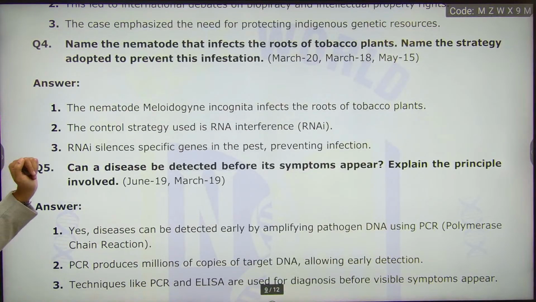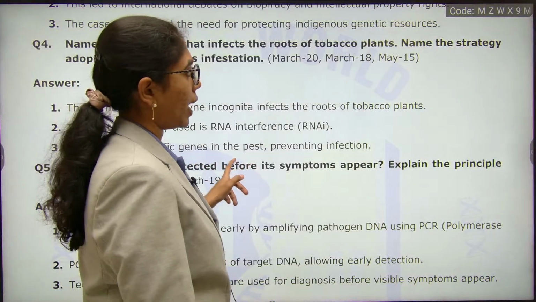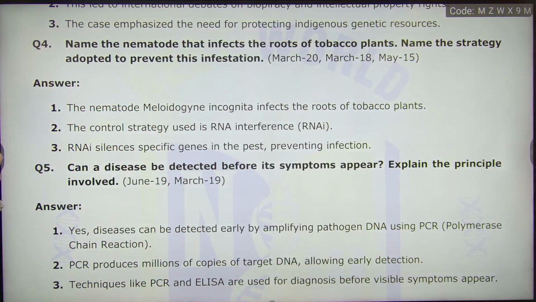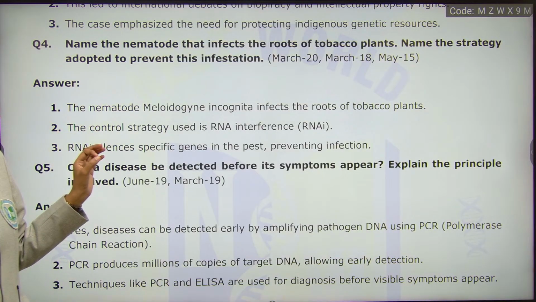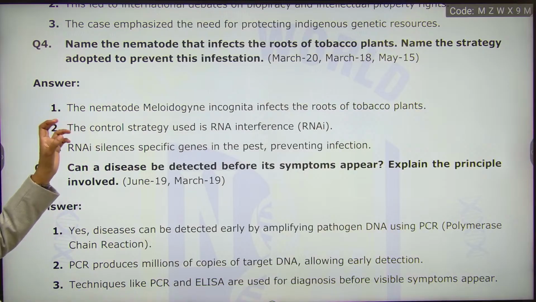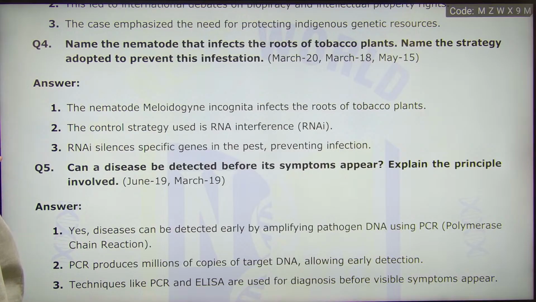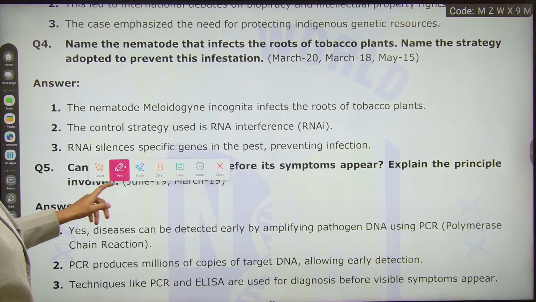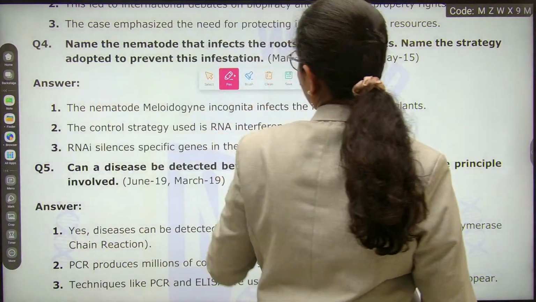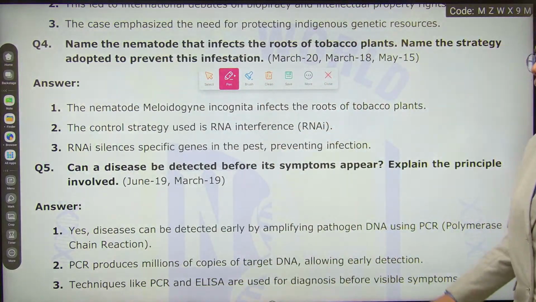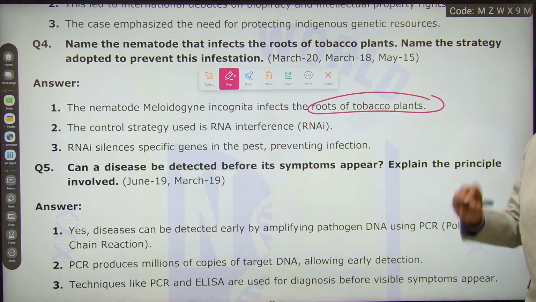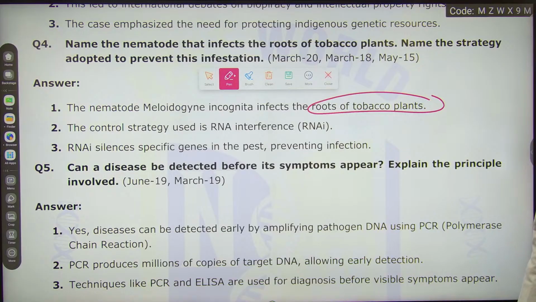Name the nematode that infects roots of tobacco plant, and name the strategy adopted to prevent this infection. The nematode Meloidogyne incognita will infect the roots of the tobacco plant.